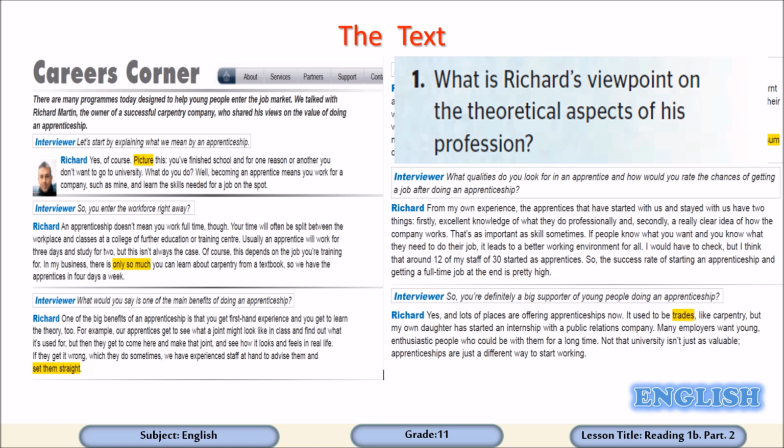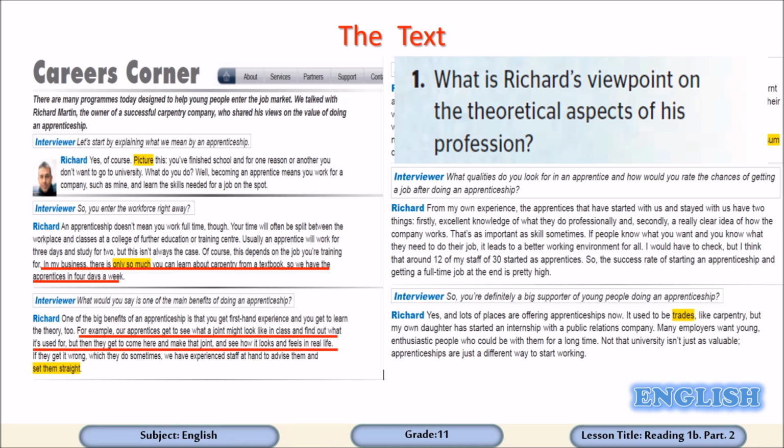If you've finished, let's begin. Look at these sentences. In my business, there is only so much you can learn about carpentry from a textbook. So we have the apprentices in 4 days a week. Sentence 2.